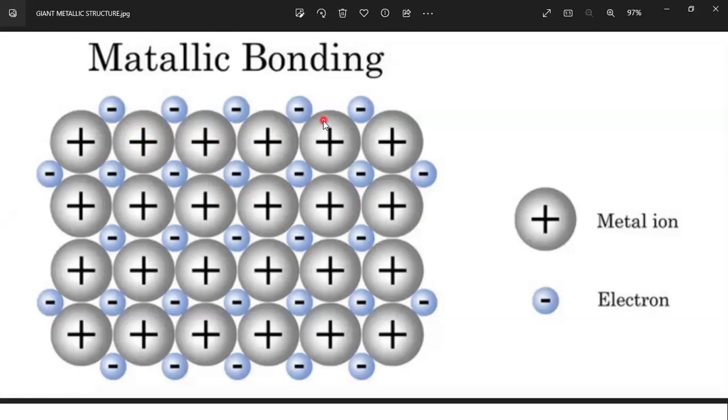When they speak about metals, the structure in metals is called the giant metallic structure. We are going to see how to describe them seriously, and the structures.